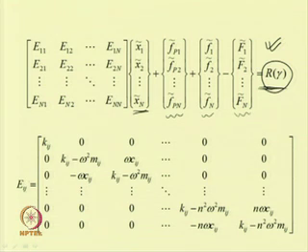So, this equation is reduced to this form, where E I j equals K I j 0 0. So, this reduces to a tridiagonal form. The diagonal term, one can see, is K I j, then K I j minus omega square m I j.